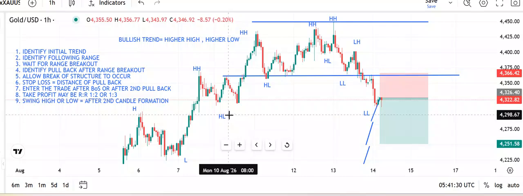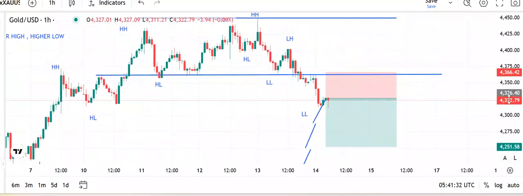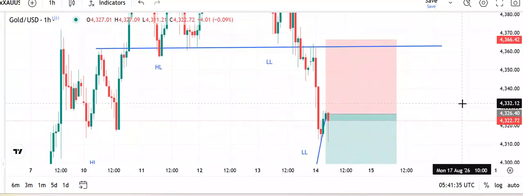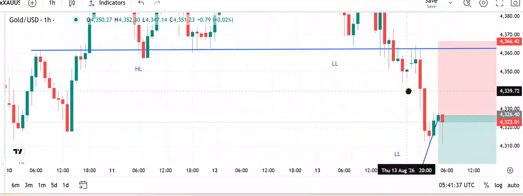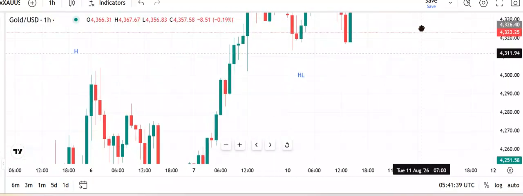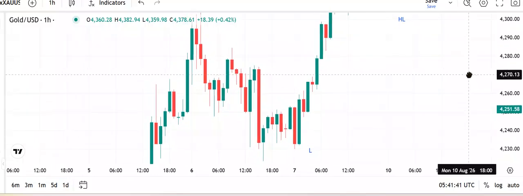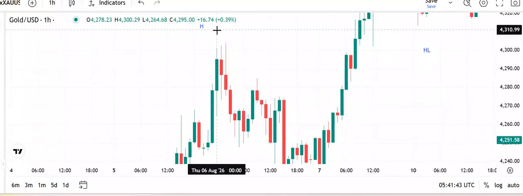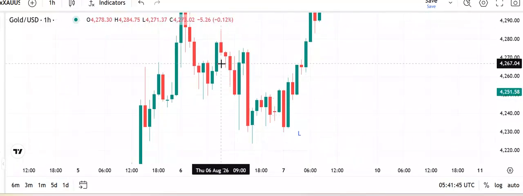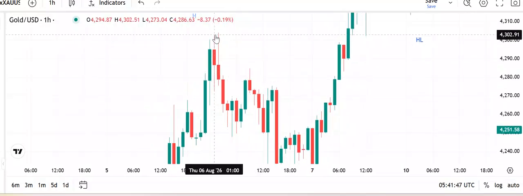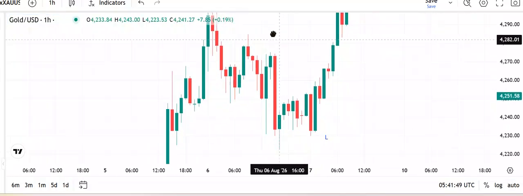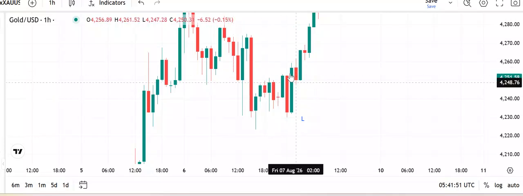Alright, so let me zoom to the beginning where we have the high. This is the high, this is the low. So we have a high here, price forms a high here. So how do we know we have a low?